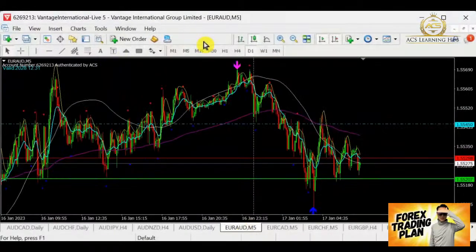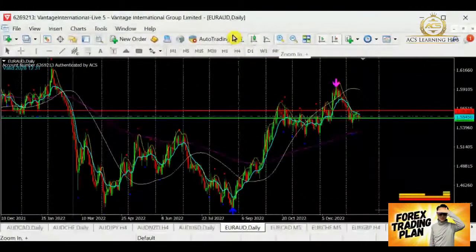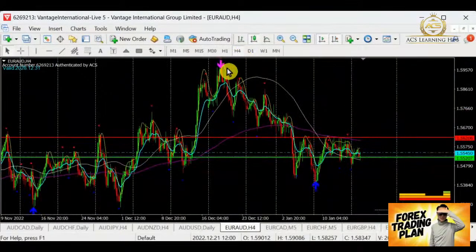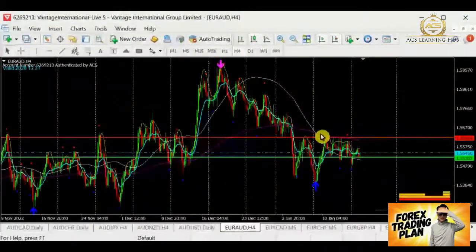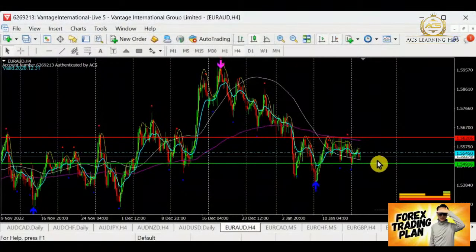Right, for Euro Aussie, let's take a look. Well, for Euro Aussie, we were in the bull, turning down and going into the bear. Coming into the bear here, it's good for looking out for support, where we are looking at the space here, tentatively this week about 36 pips to go.